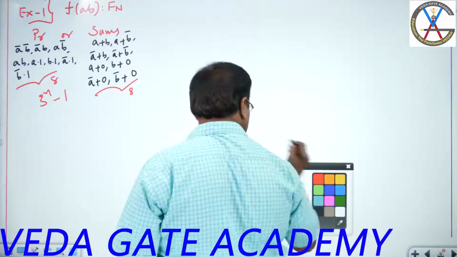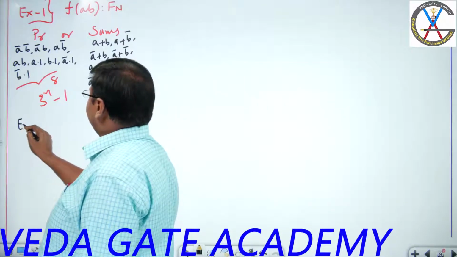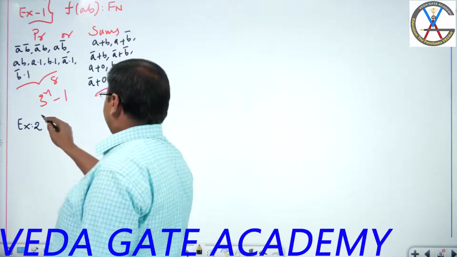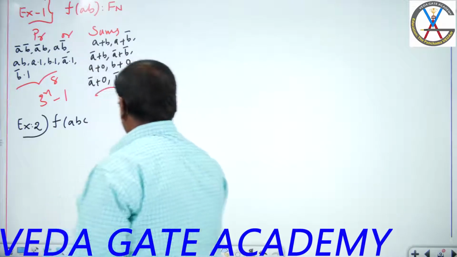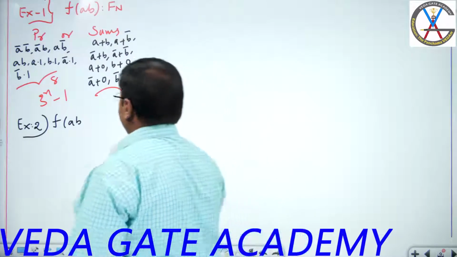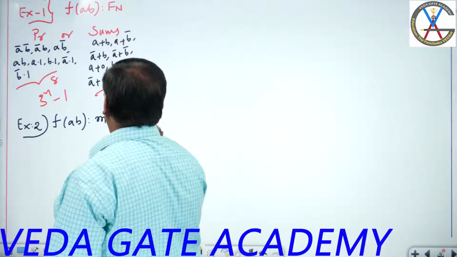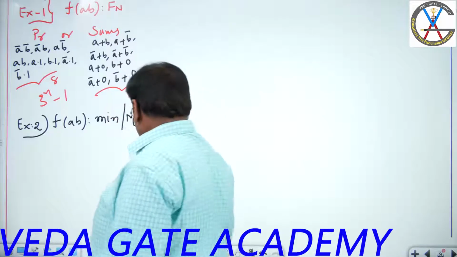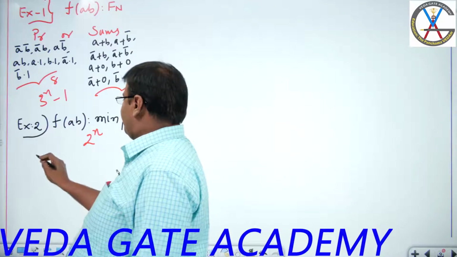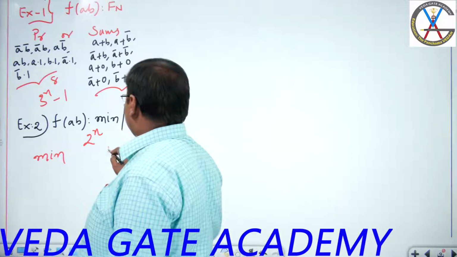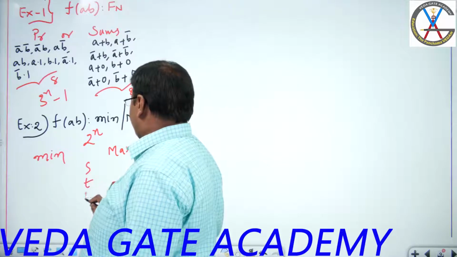And I have example 2. F of AB, min or max terms. How many are there? 2 to the power of n, so 4 min terms and 4 max terms. These are standard terms.